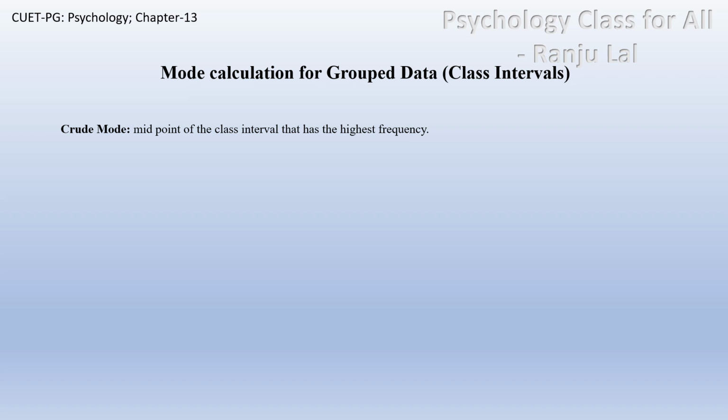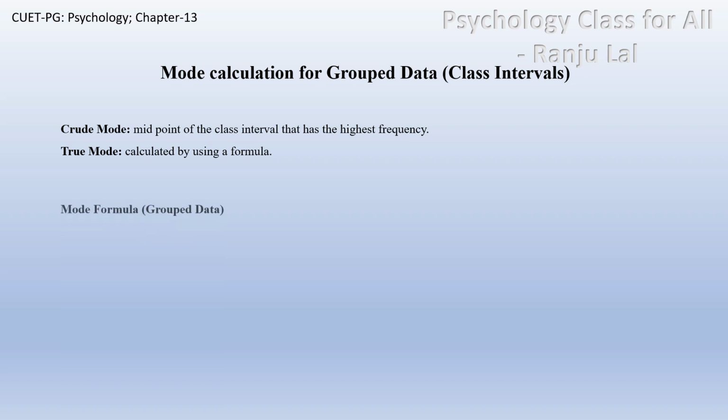It is a rough or initial estimate of the modal class and is identified without any formula. Second is the true mode, or you can say the precise mode, a more accurate estimate of the central value where the mode lies. It is calculated by using a formula to adjust for frequencies in neighboring classes.